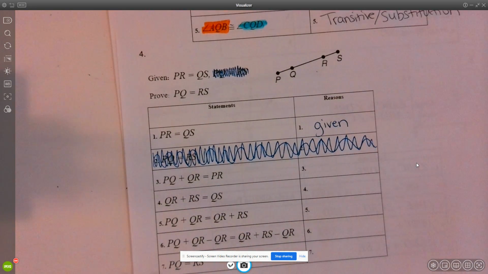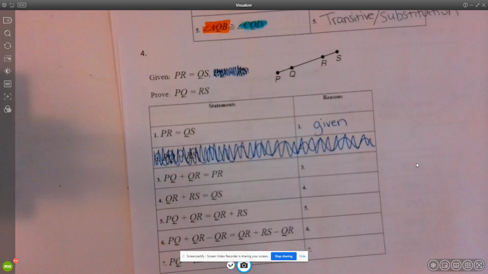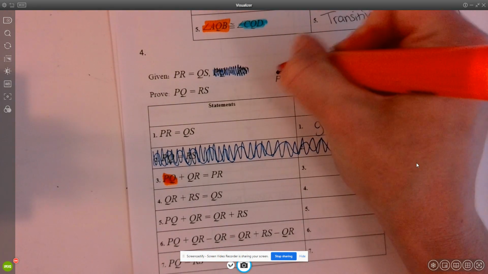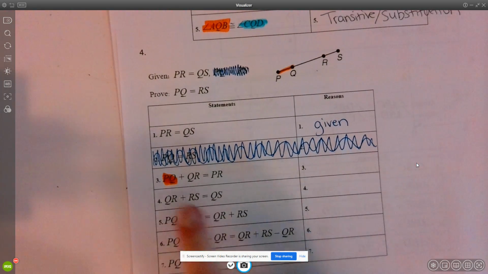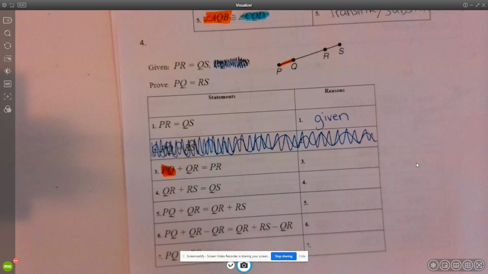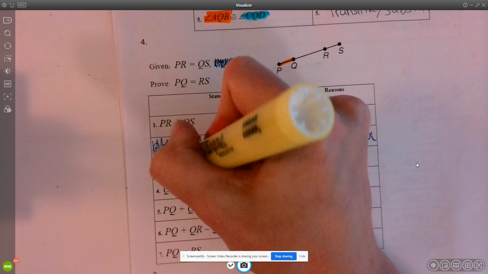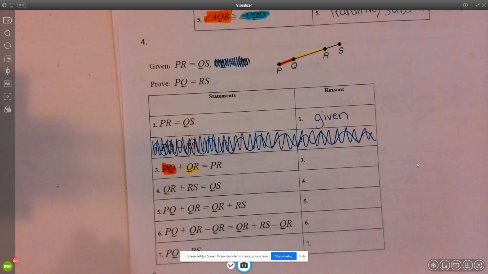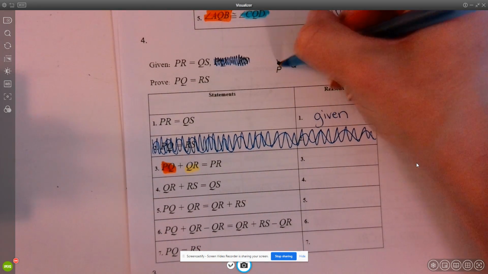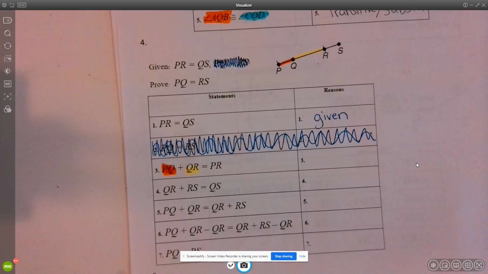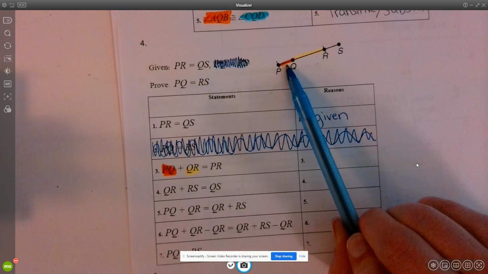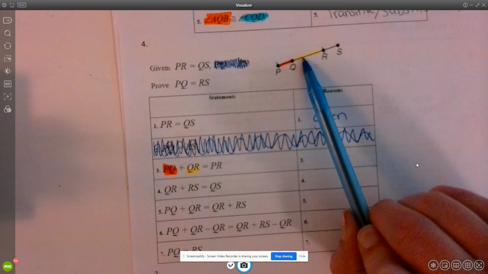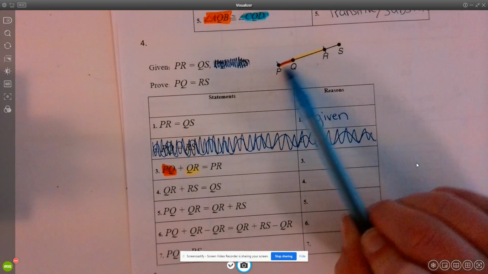I'm going to start keeping track of some colors here. I'm going to let PQ be orange. And it tells me the length of PQ plus the length of QR equals the length of PR. So here's PR right here. What I'm noticing is they're telling me this part plus this part equals the whole.